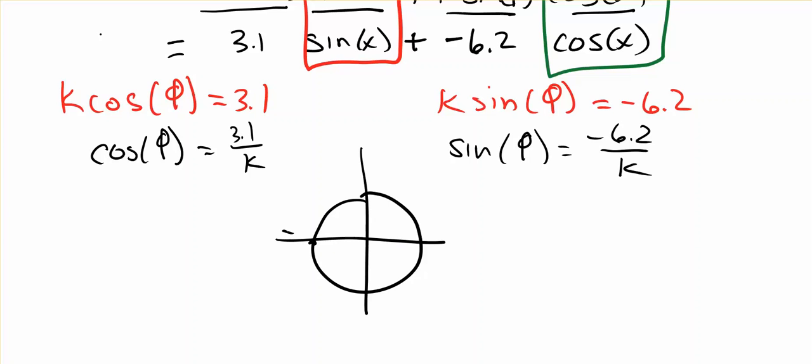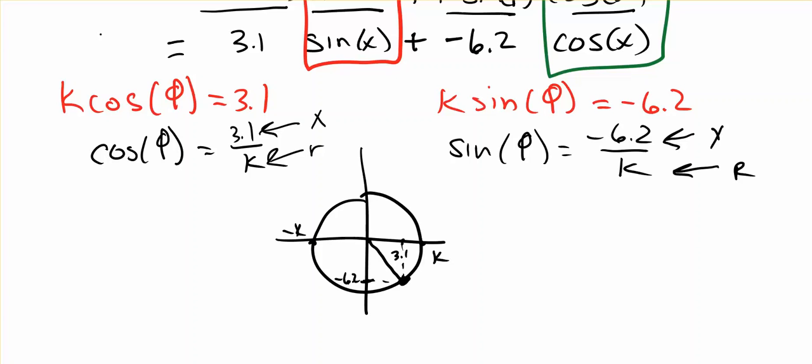So this is negative k, and this is positive k. And we'll take this right here as our y, this right here is our radius, 3.1 is our x value, and k is our radius value. So if we mark this as 3.1 and bring it down over here, this is our negative 6.2. And we'll take this radius out, and this is k.